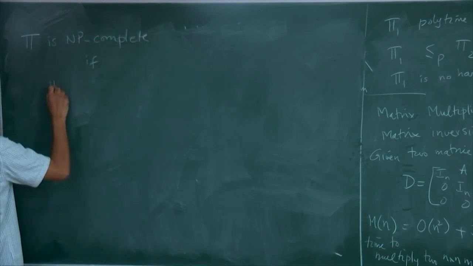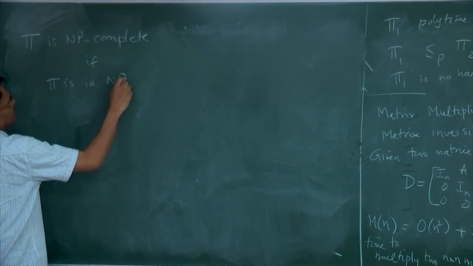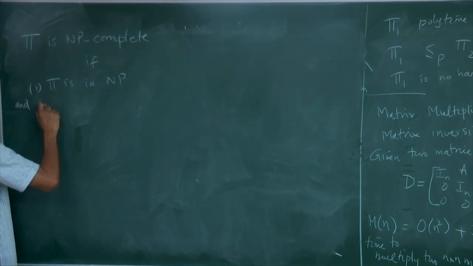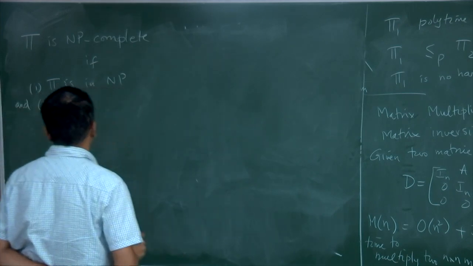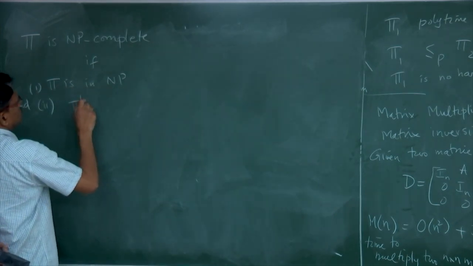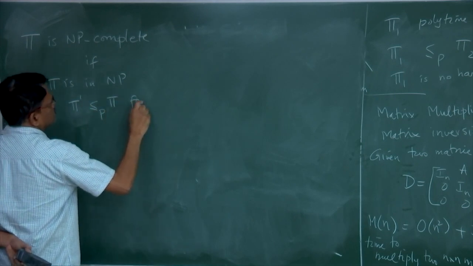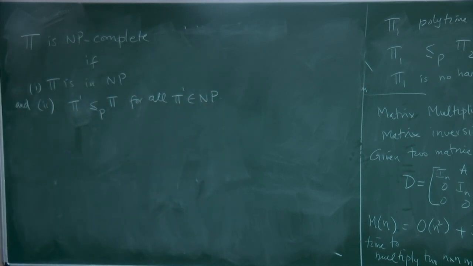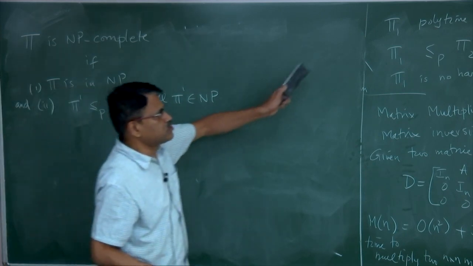If first I want it to be in NP, that there is a non-deterministic polynomial time Turing machine that will accept the language in polynomial time, and that every problem in NP polynomial time reduces to this problem.